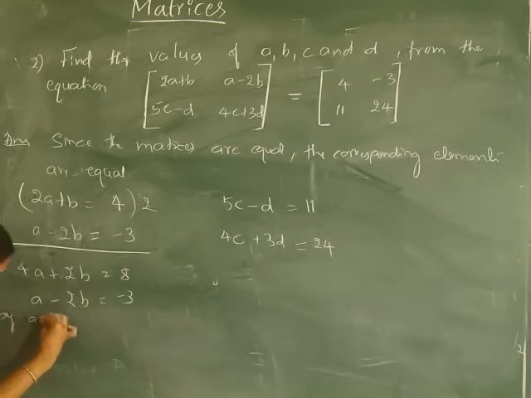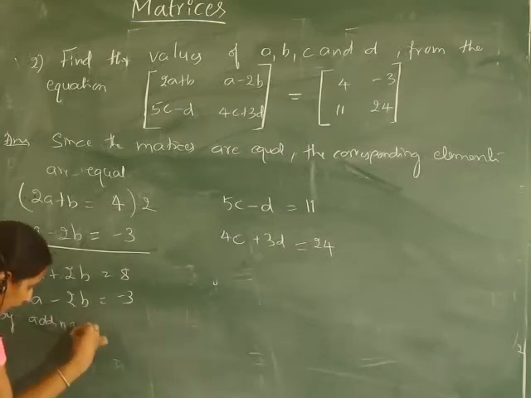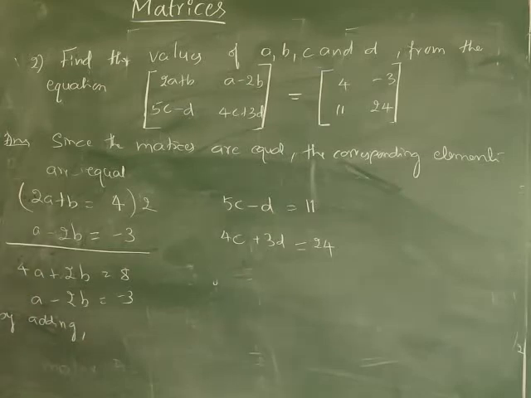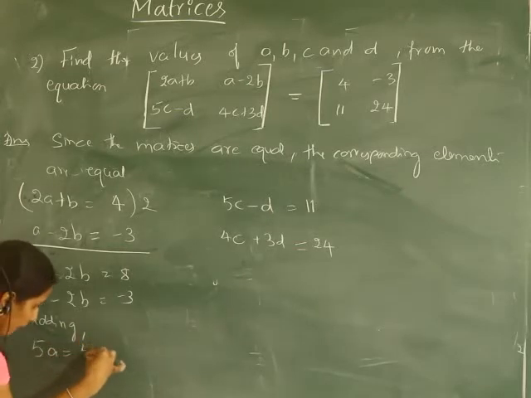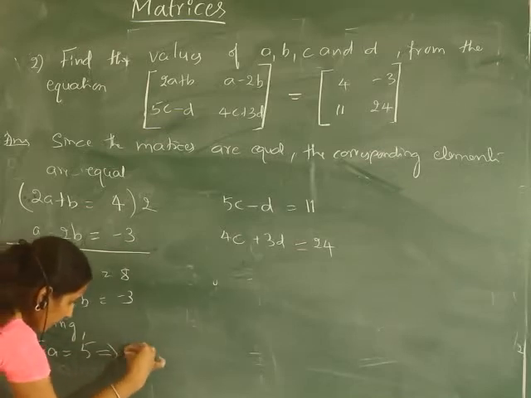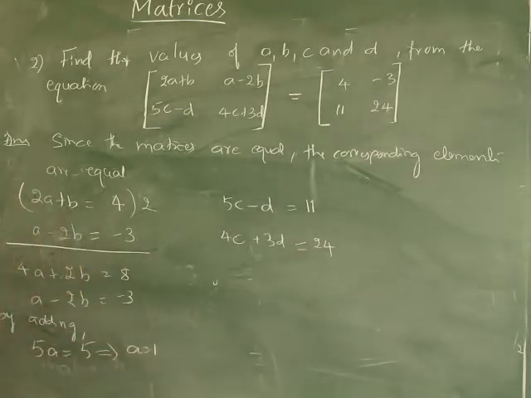By adding, what we get, 5A is equal to 5. This implies A is equal to 1. 5A is equal to 5, and this can be cancelled. 8 minus 3 is 5, so 5A is equal to 5, so A is equal to 1.